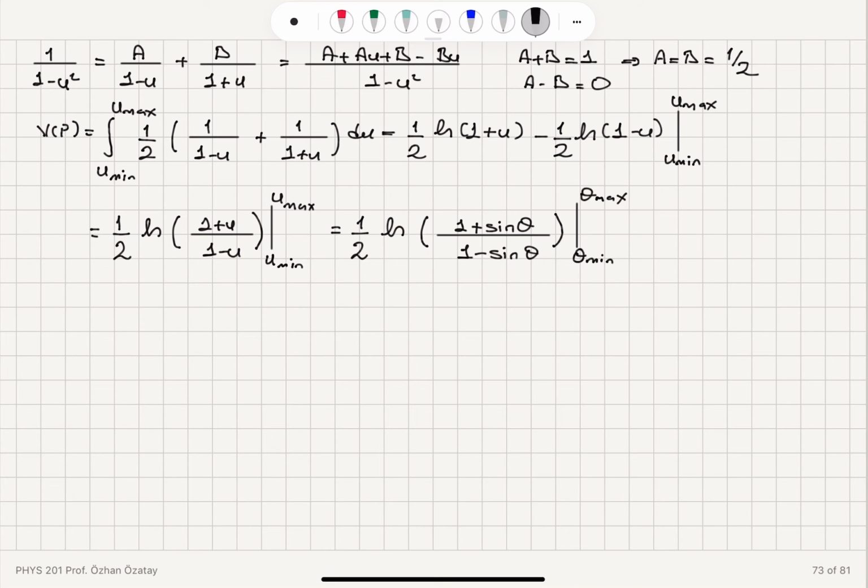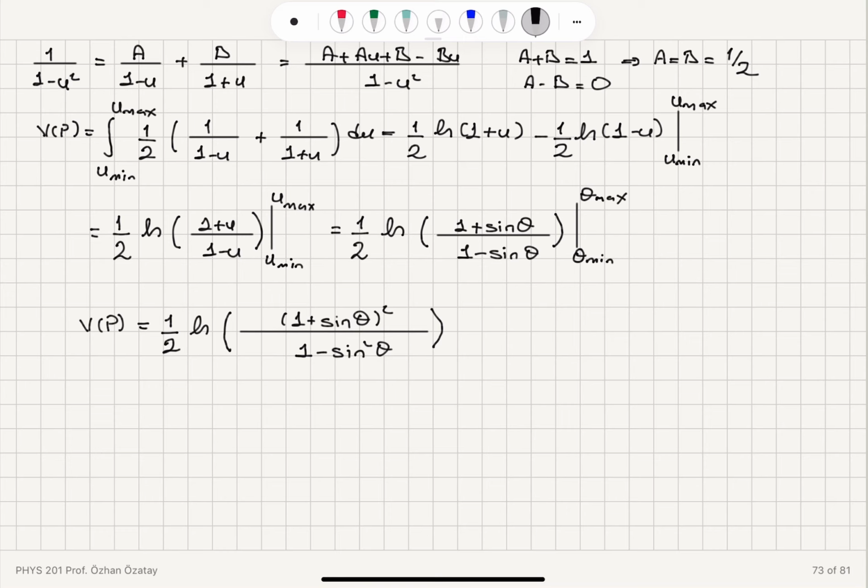And you can notice here that this can be written as 1 over 2 natural logarithm. If I multiply top and bottom with 1 plus sine theta, this is going to be 1 plus sine theta parentheses squared, and at the bottom I have 1 minus sine squared theta.